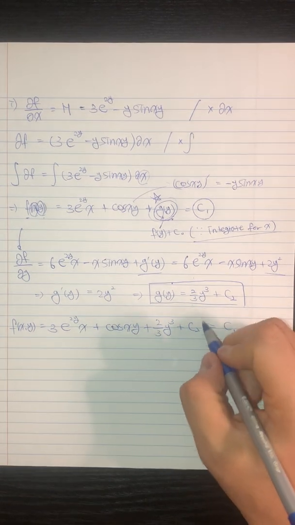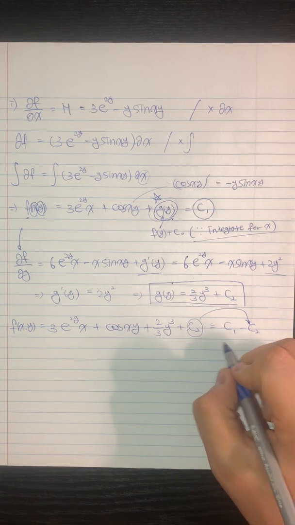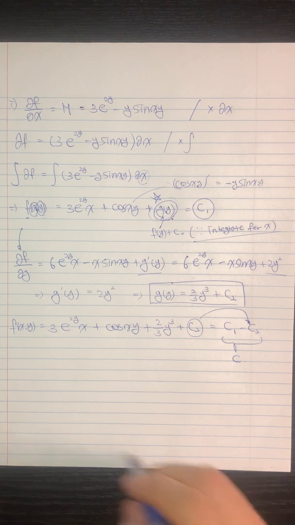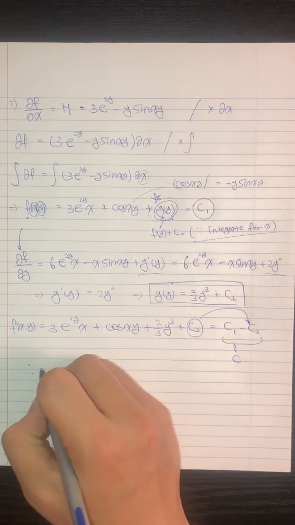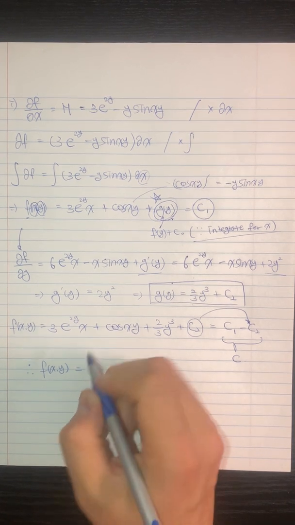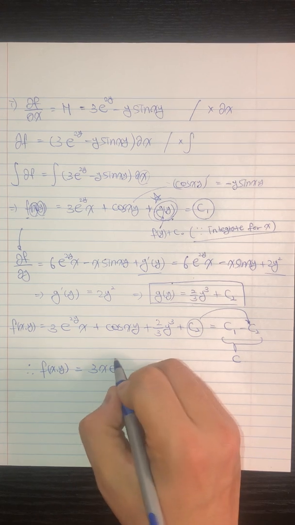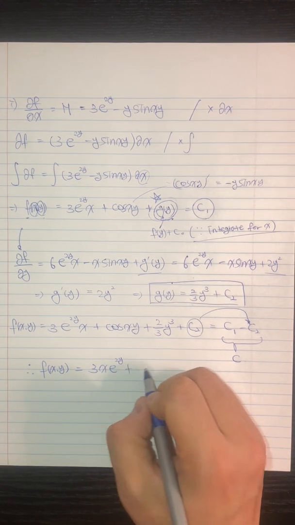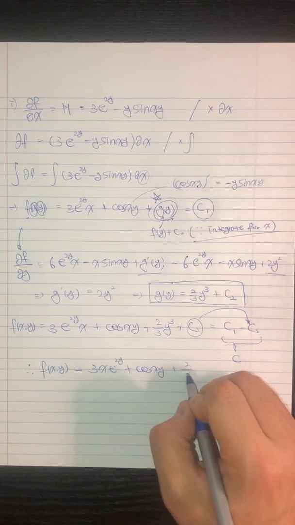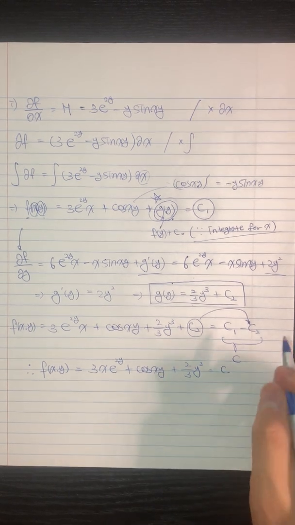So we can move c2 to the other side, negative c2, and then we can call this whole thing just c. So you can find the final answer: f(x,y) equal to 3x e^y plus cos(xy) plus 2/3 y cubed equal to the constant c.